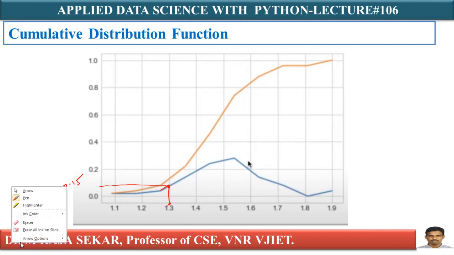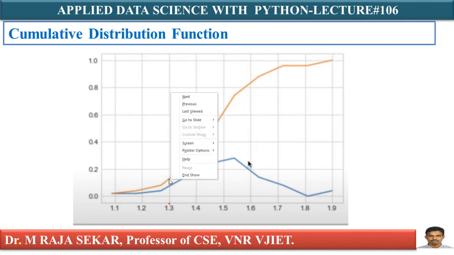Instead of saying PDF, let me say something about CDF, the cumulative distribution function. This is 1.3. What is your point on your cumulative distribution function?